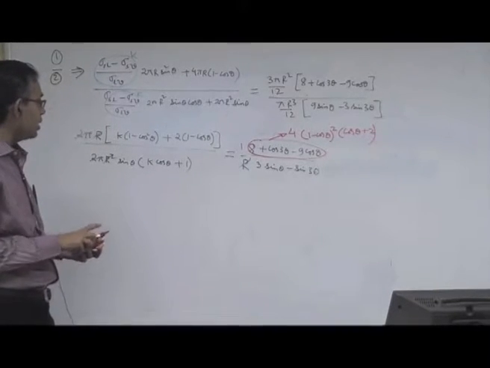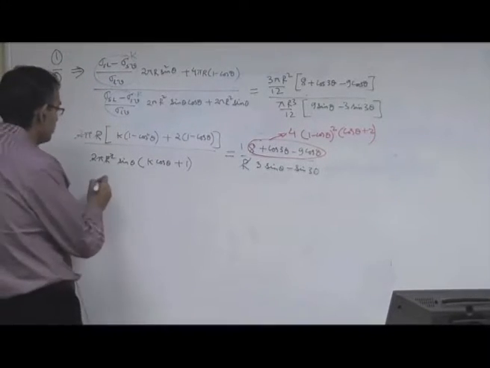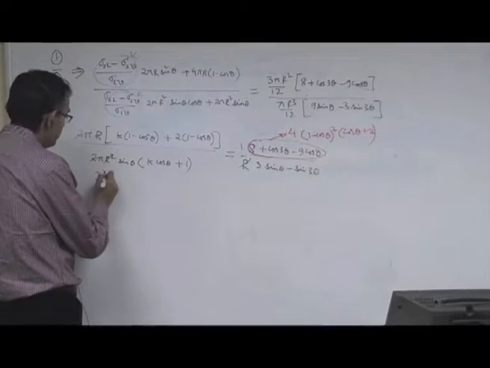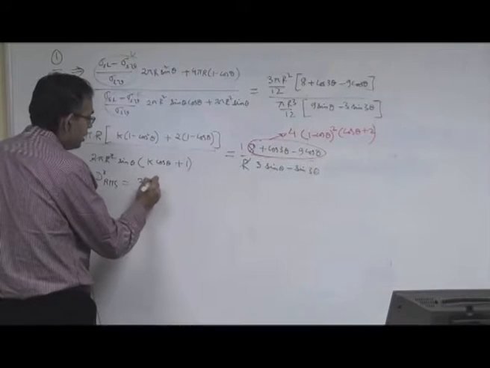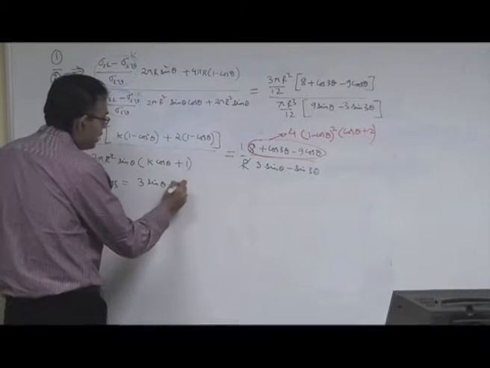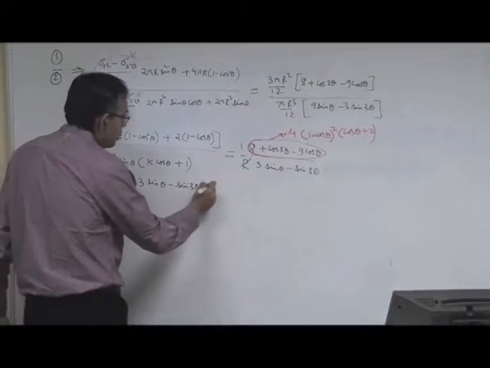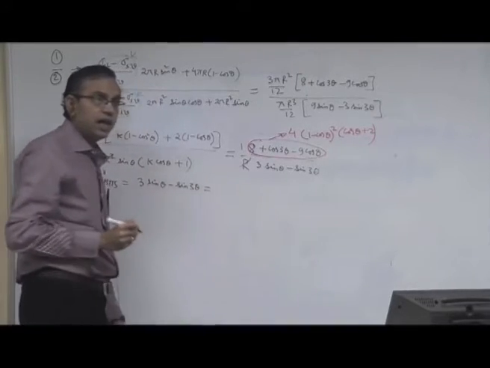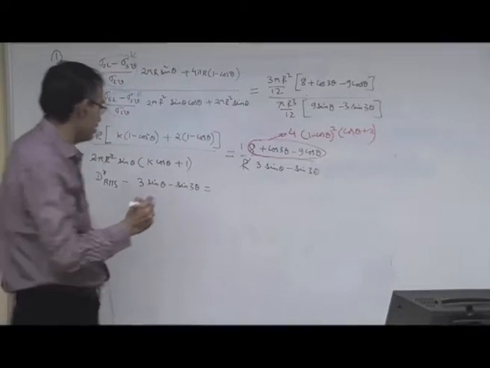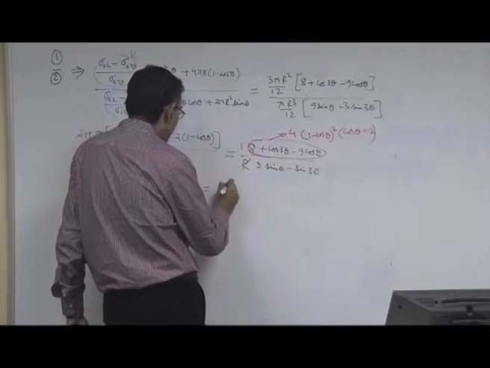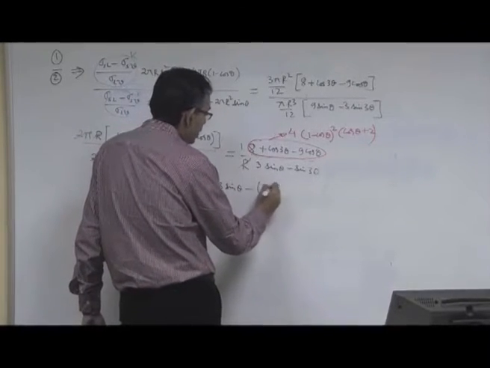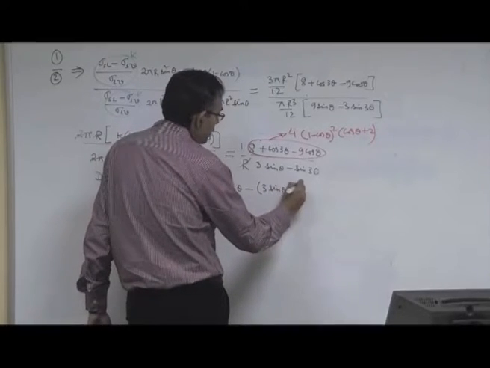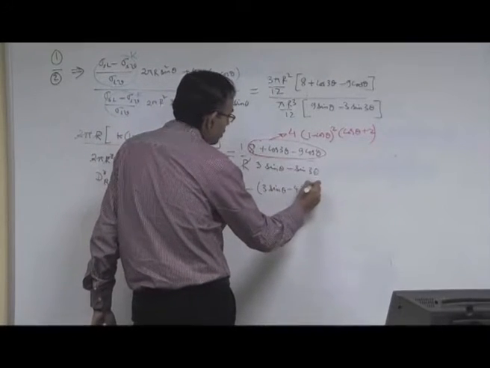Then the denominator of the RHS is equal to 3 sin theta minus sin 3 theta. Sin 3 theta is 3 sin theta minus 4 sin cube theta. So, 3 sin theta minus 3 sin theta minus 4 sin cube theta.